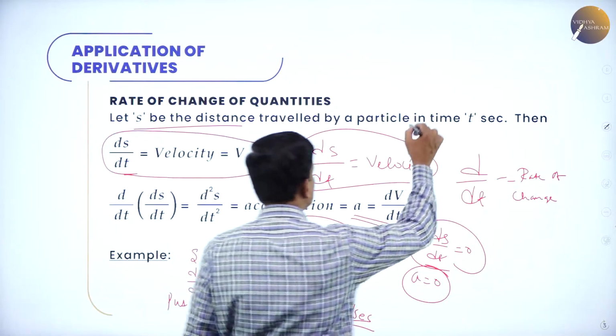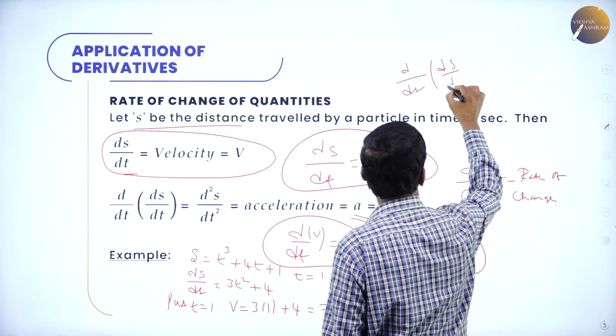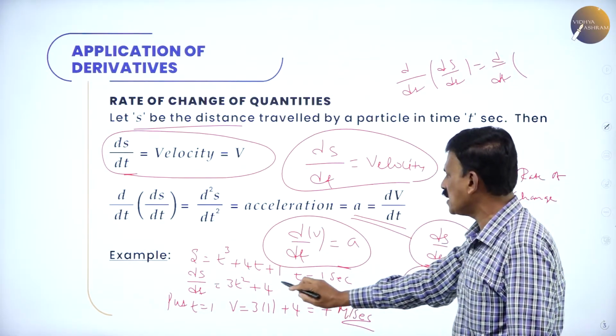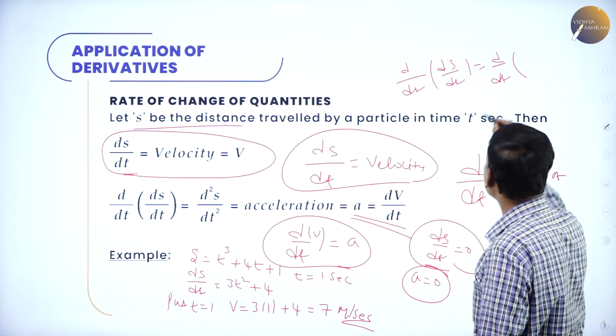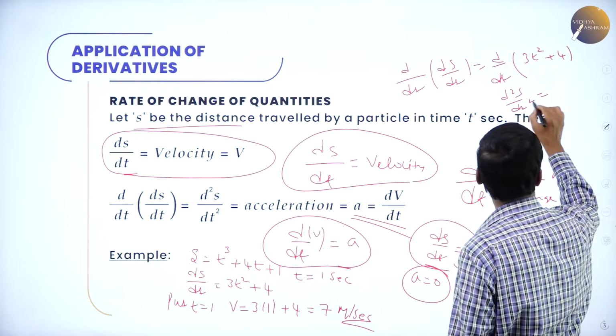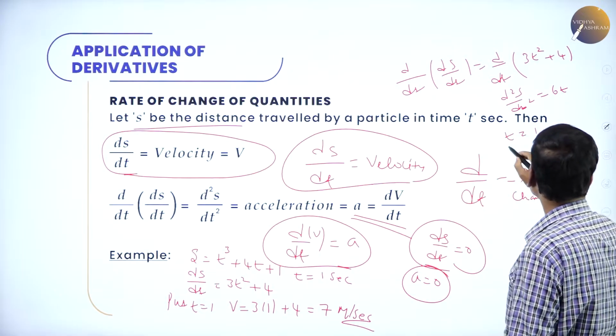Suppose if you differentiate this again, d by dt of ds by dt, that is equal to d by dt of, what is ds by dt here? 3t square plus 4. d square s by dt square is equal to 3 twos are 6t. Substitute the value of t is equal to 1, what will you get?